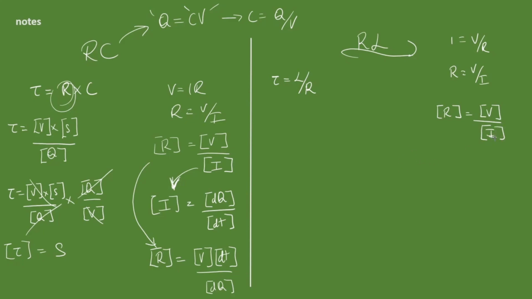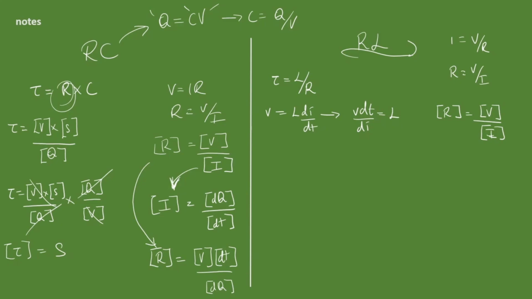But for L, remember the voltage across an inductor is L di dt. Since V is L di dt, let's make L the subject of the formula: V dt over di equals L.